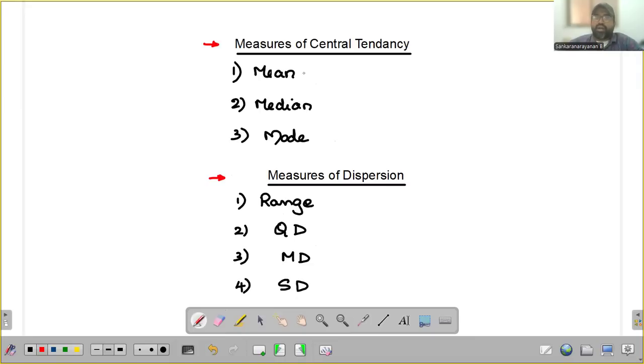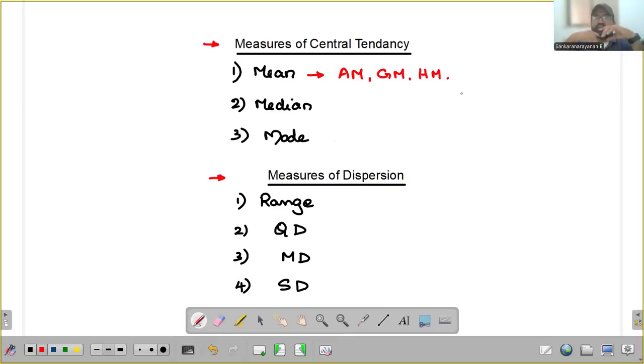Now, under the title mean, we will be learning about arithmetic mean, geometric mean, and harmonic mean. These three we have to consider. These are the various subheadings of this chapter on statistics.